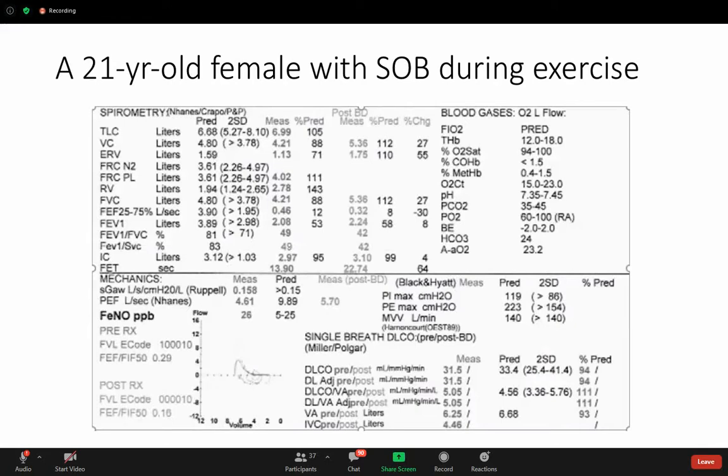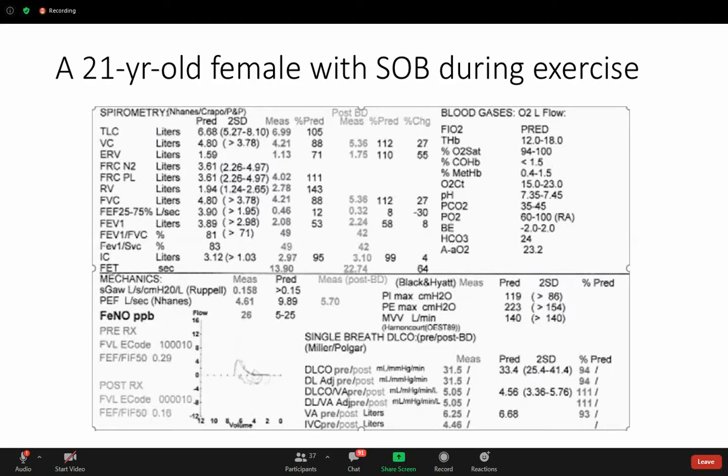So, a 21-year-old female with shortness of breath during exercise. What's the first thing we should look for in this PFT? I need you guys to participate.